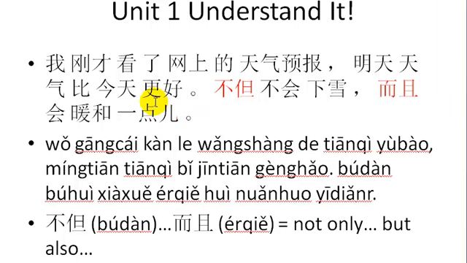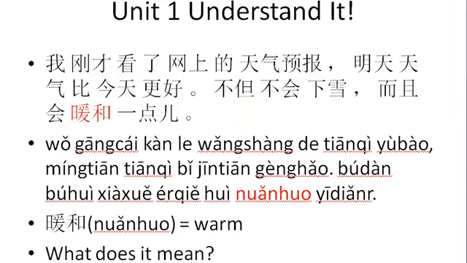Remember, 一点 means a little bit more, a little bit something. Let's take a look. Okay, 暖和 means warm. You see, this looks like fire in here, right? nuǎnhuo.